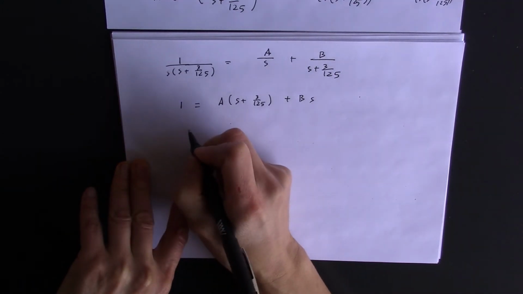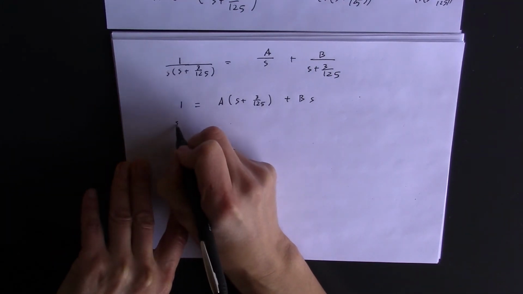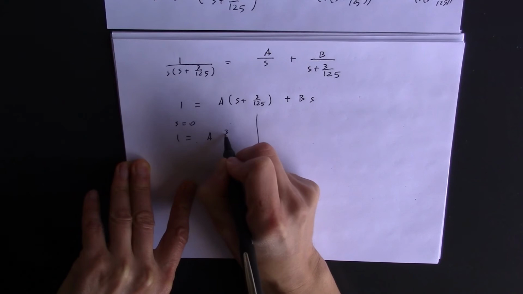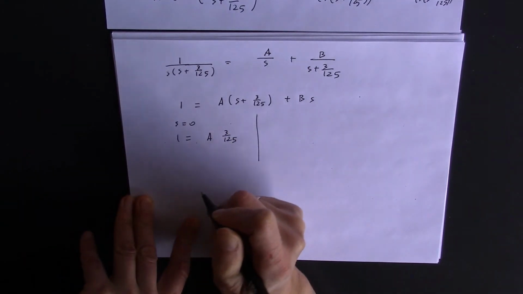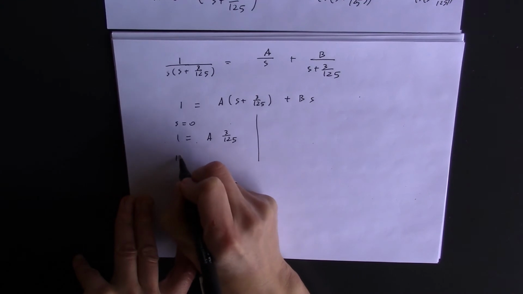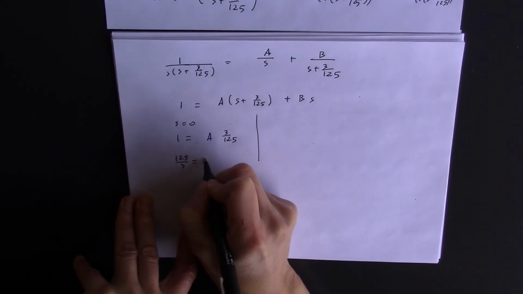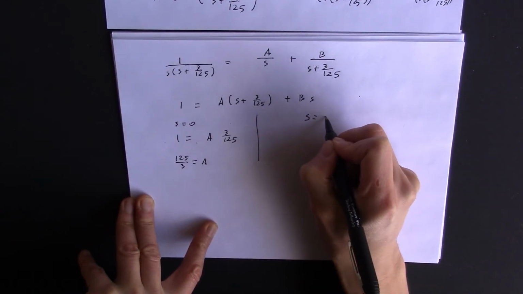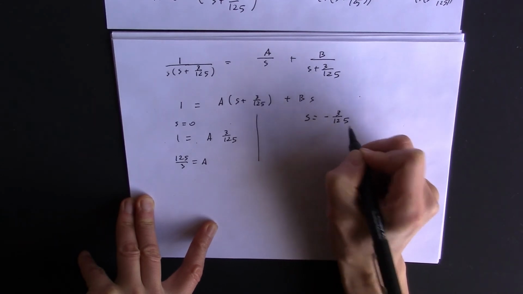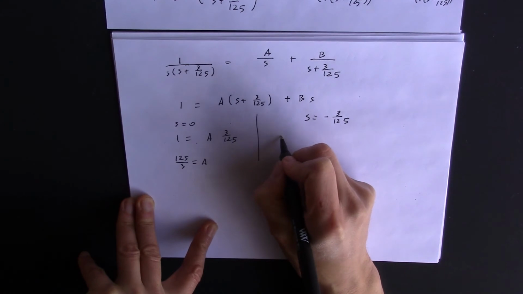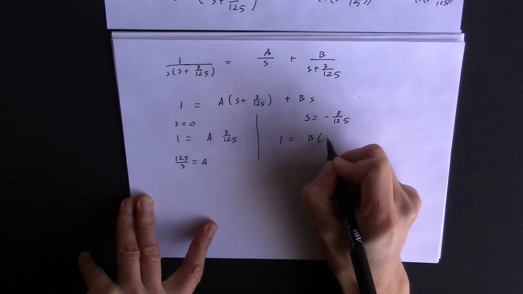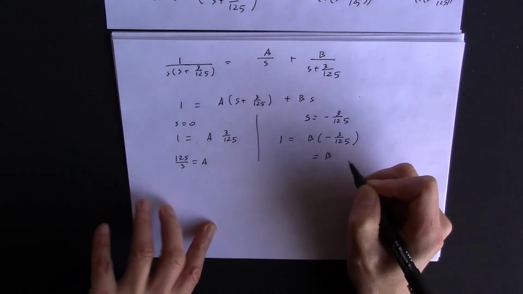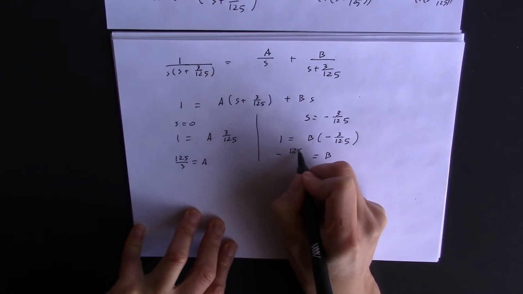We substitute s equals 0, and we get 1 equals A times 3/125, so A equals 125 over 3. Then we substitute s equals negative 3/125, so that term disappears, and we get 1 equals B times negative 3/125. So B equals negative 125 over 3.